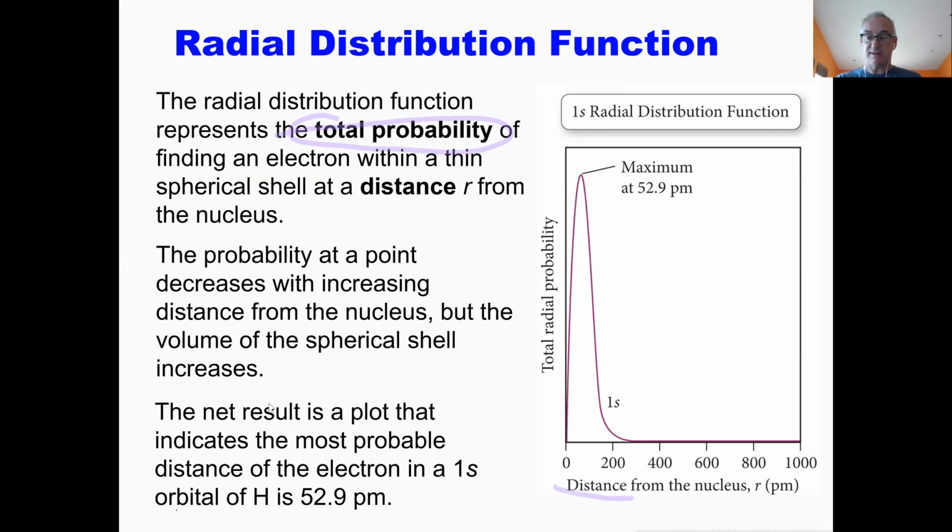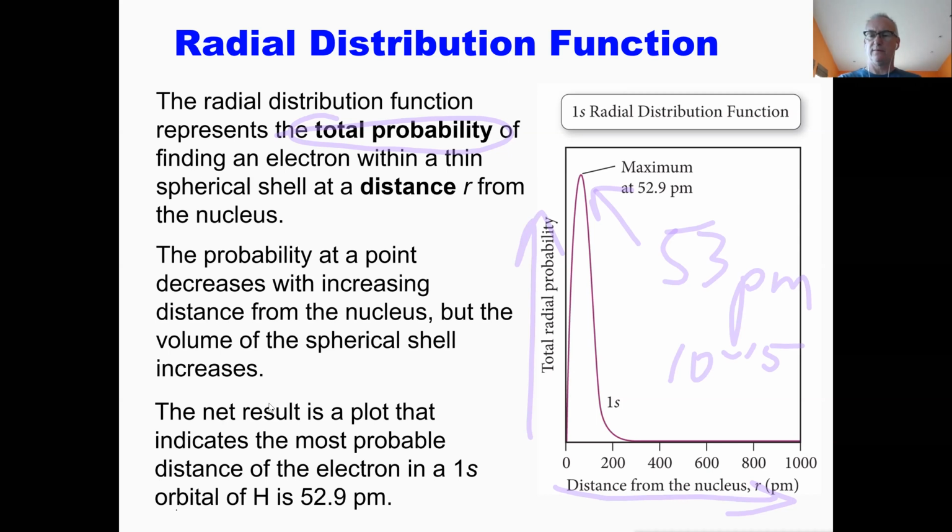So here's the distance, the further away we go, and this is the probability going up. The maximum probability of finding the hydrogen electron is at 53 picometers away, pico being 10 to the minus 15.